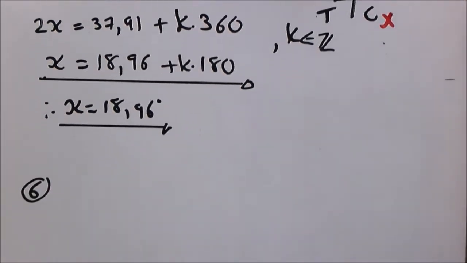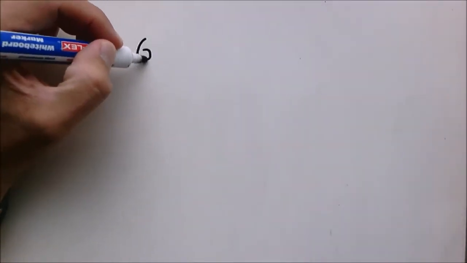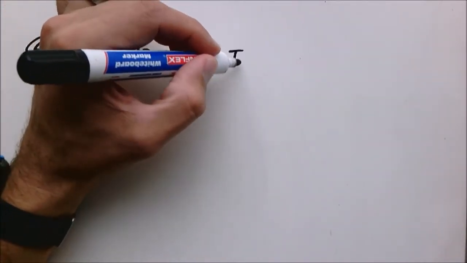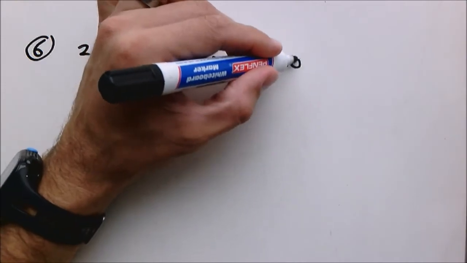Okay, so number 6 says the following. It says solve for x without using your calculator if, and then they give us this expression, 2 sin(x plus 15) is equal to tan 120.